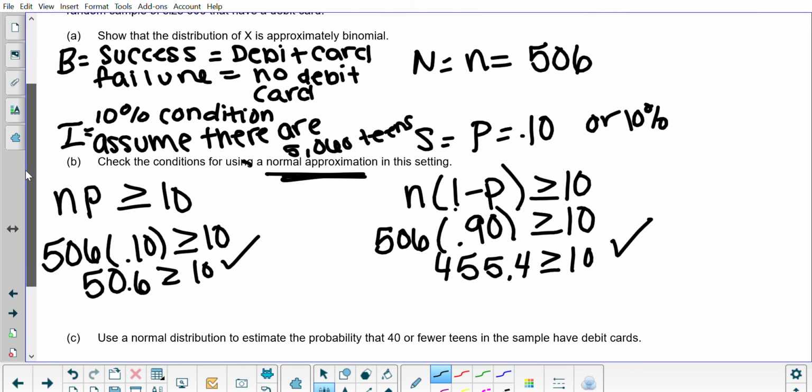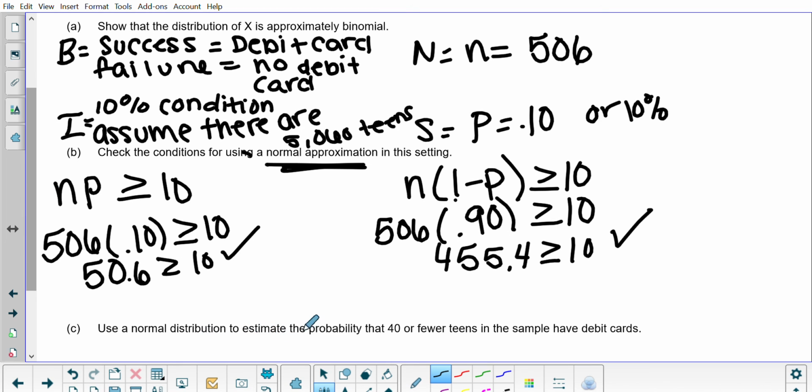And now we can use the normal distribution to estimate the probability that 40 or fewer teens in the sample have a debit card. So I want you guys to answer this now. Use your z-scores, or you can use your calculator. And remember, if you guys don't have a calculator, what you can do is download it on your phone using Calculate 84.